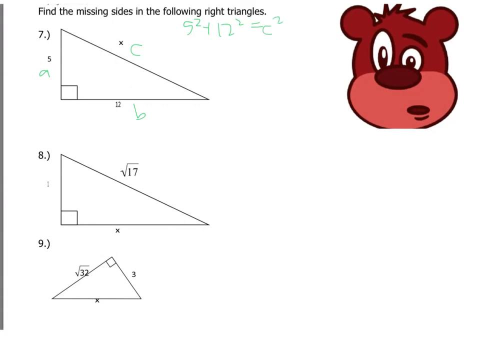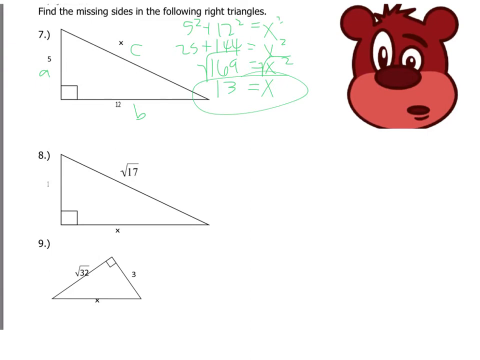If you want, you can use X instead of C because that's what they have there. So 5 squared is 25, 12 squared is 144, this equals X squared. 25 plus 144 is 169. Again, we're going to square root both sides so that we get just X, and X equals 13.